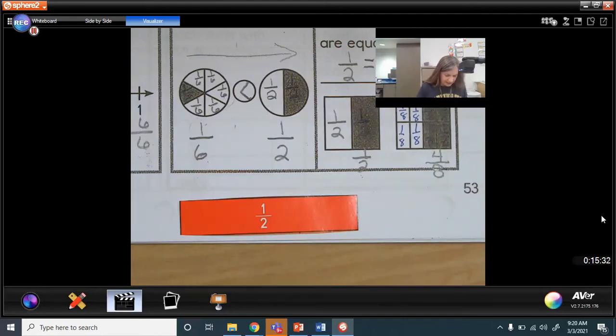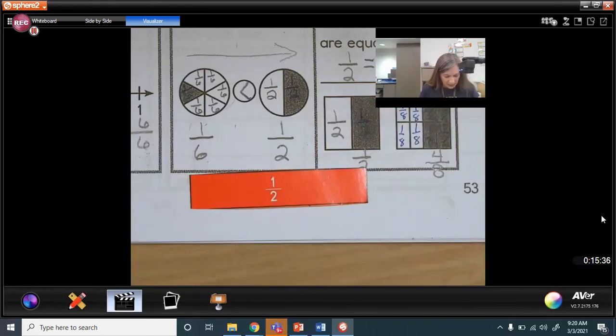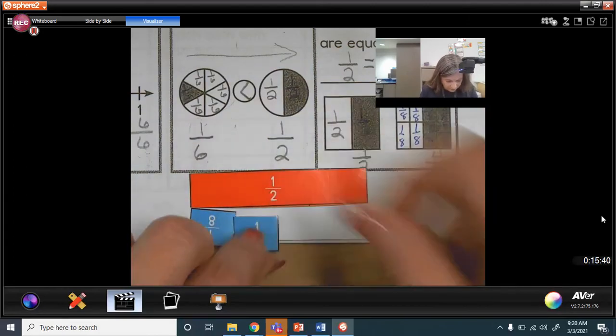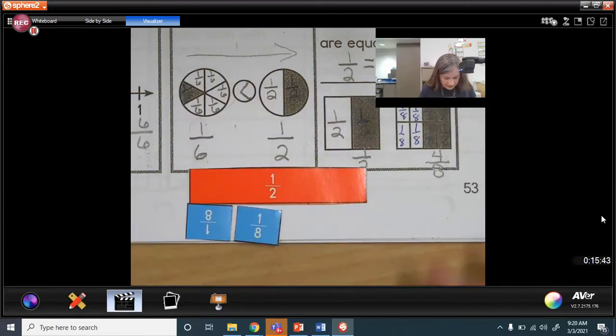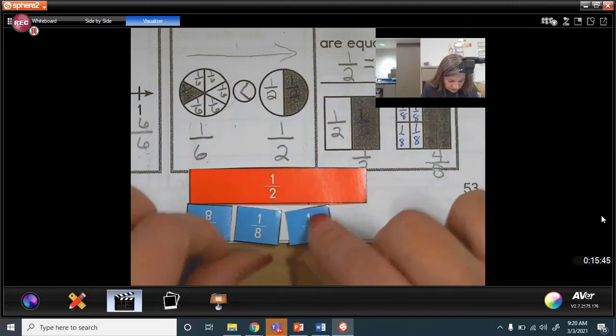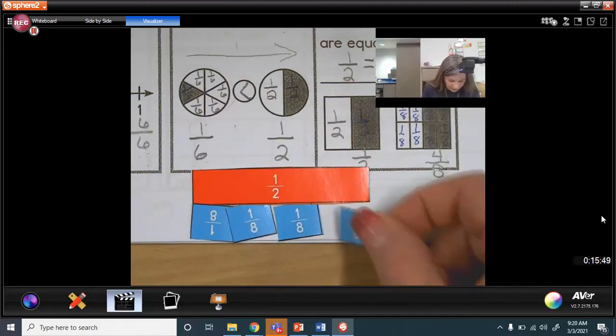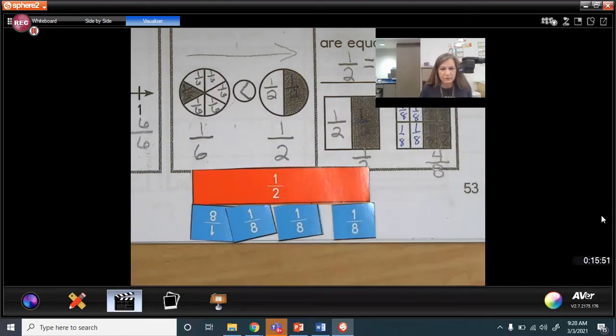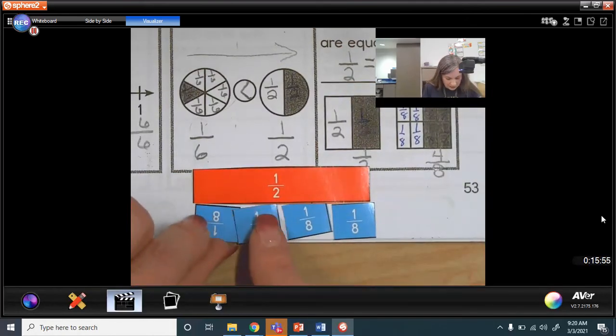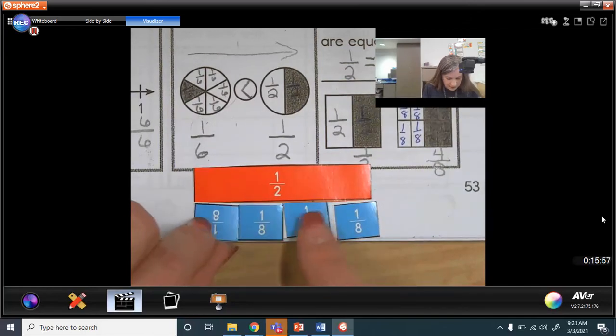And I can see that when I line up these 4/8 with my 1/2, I see that 4 of my 8th pieces are the same as 1 of my 1/2 pieces. Does everybody see that?